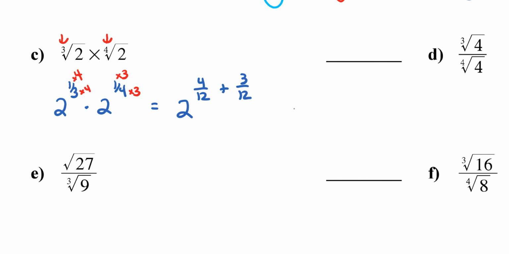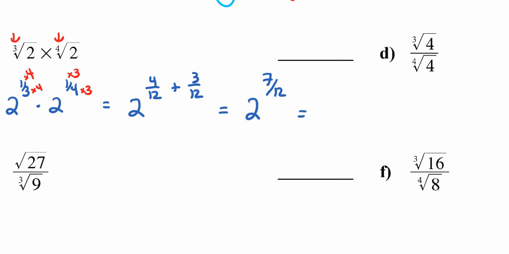All right, so since the denominators are the same, I can add the numerators, which is 7 over 12. And if I want to write this back into a radical, the 12 is right there, so that's going to be the 12th root of 2 to the power 7. And for all these, you do need to simplify as much as you can. 2 to the power 7 is going to be 128, so the 12th root of 128.